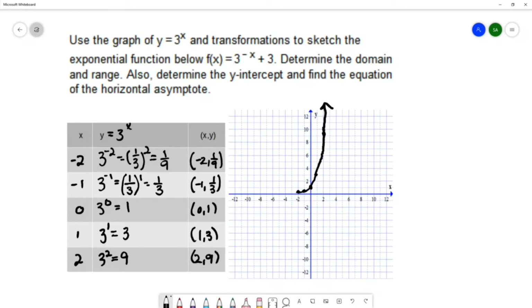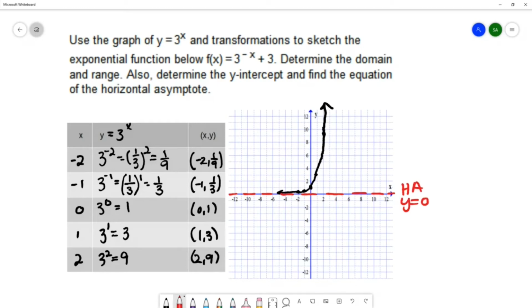And on the left-hand side, if we continue to choose negative x values, then our y values will continue to get closer and closer to a y value of 0. So for this function, we have a horizontal asymptote that's falling right on top of the x-axis, and that is the line y equals 0.